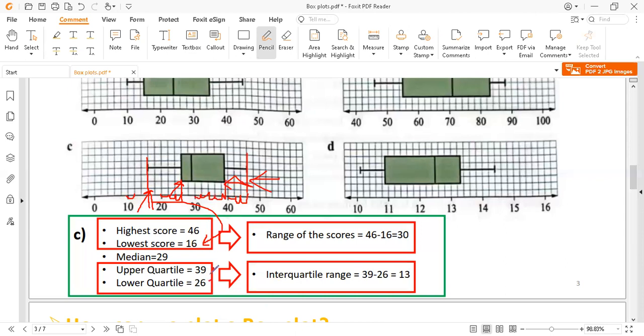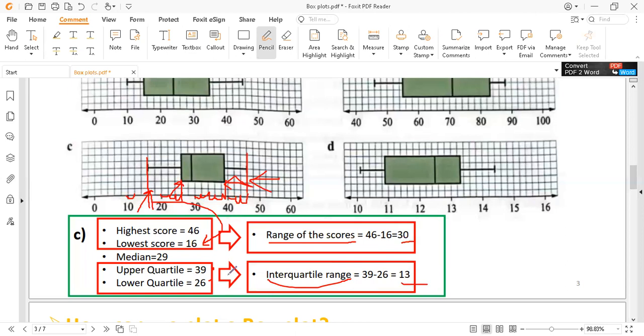So from the highest and the lowest score, we can conclude the range of the scores by subtracting the lowest from the highest score to obtain 30. And from the upper quartile and lower quartile, we obtain the interquartile range. So it is 39, we subtract the lower quartile from the upper, so we obtain 13.